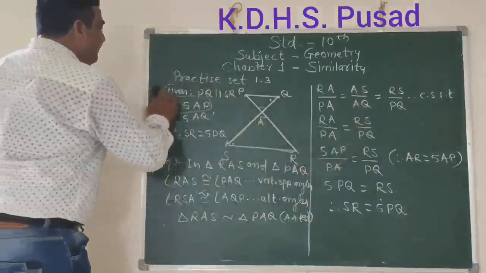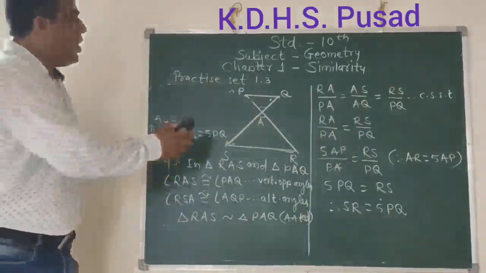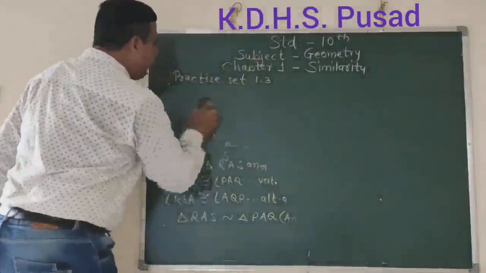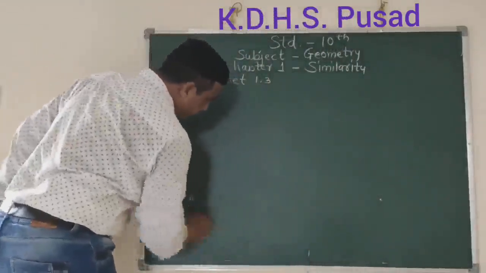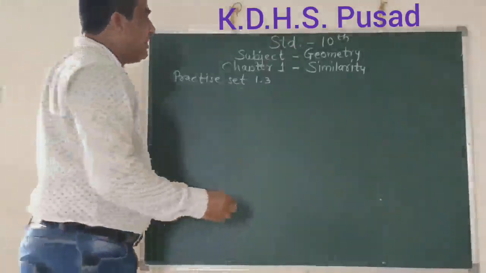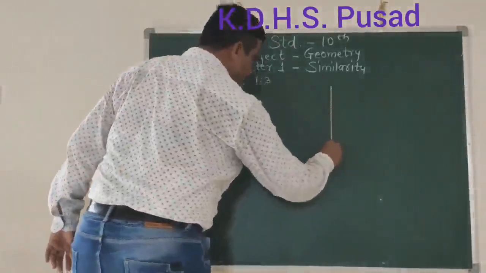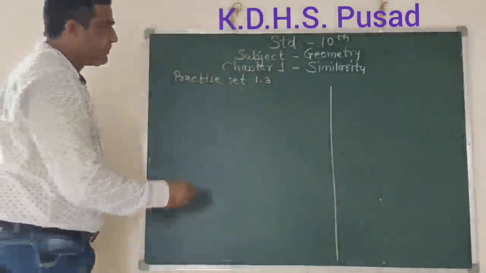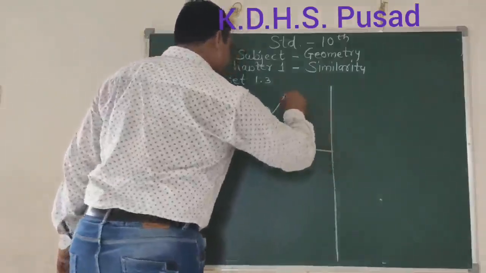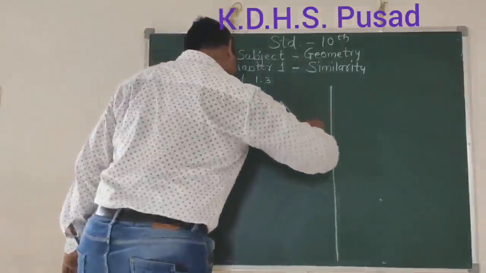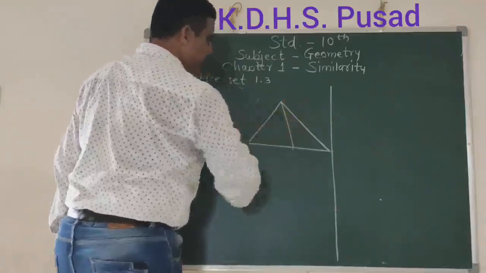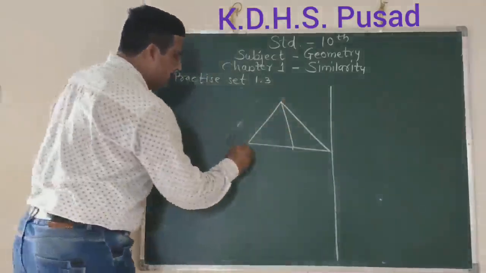Now, I consider the last question of 1.3. Last question. And the remaining questions, you have to practice yourself. Now, you are given a figure. Such a diagram is given to you.